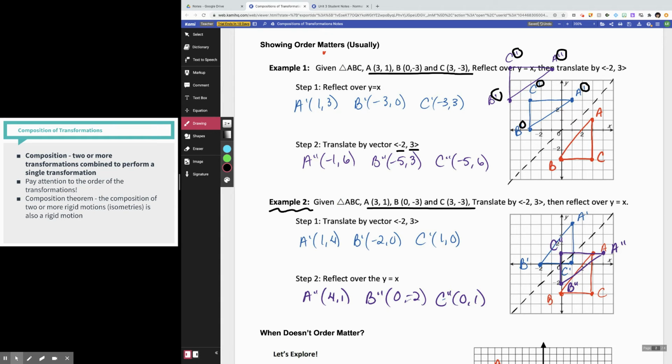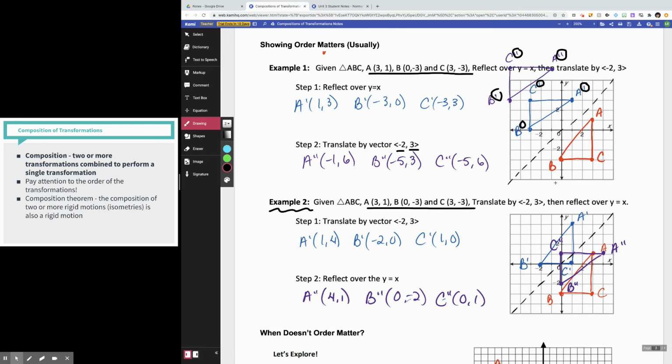And then you take that blue triangle and reflect it over the line y equals x to get this purple triangle. I'm hoping that what you can see is that obviously the shape ends up in a different spot, but it looks like the same shape. It's also oriented the same way. That happens a lot of the time when you're doing things like this.